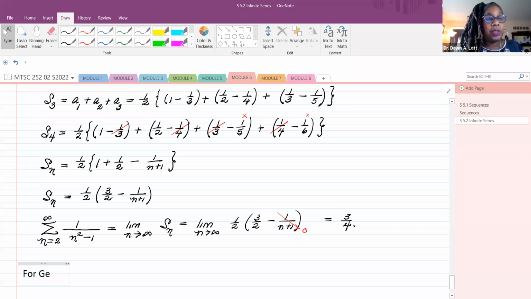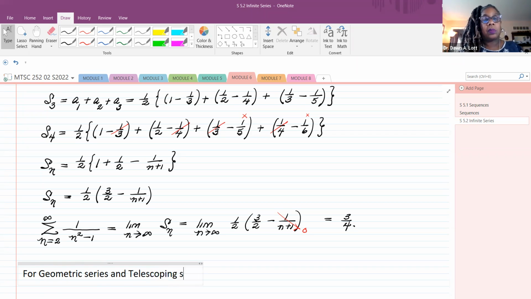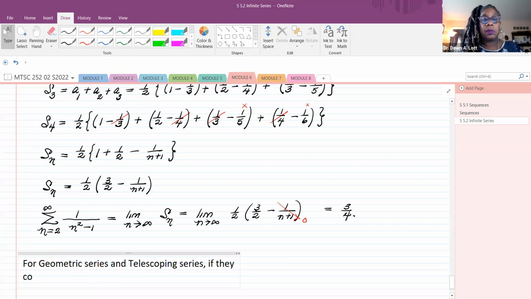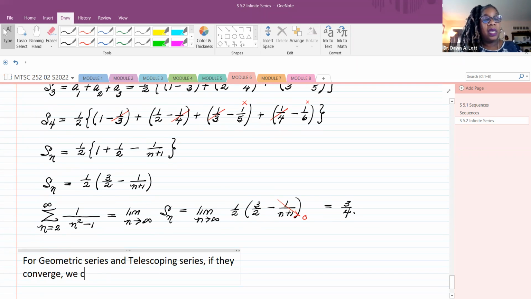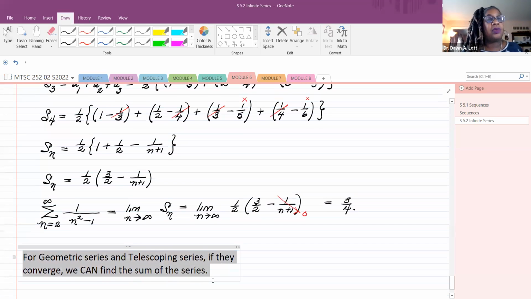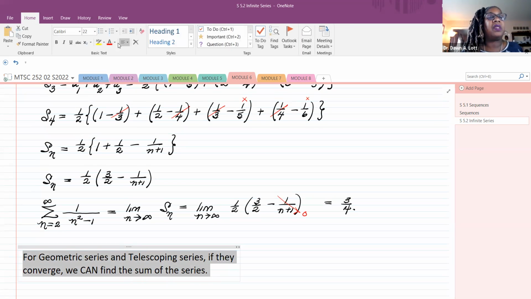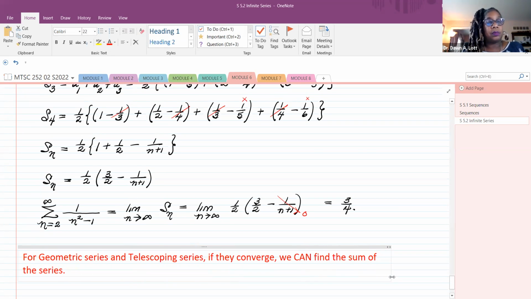So for geometric series, telescoping series, if they converge, we can find the sum. Okay, so this is a big deal for geometric and telescoping series because most series we cannot find the sum. We can just determine that they converge or diverge.